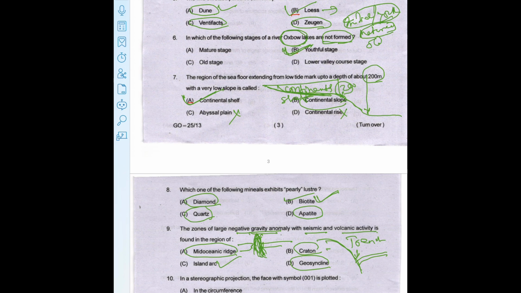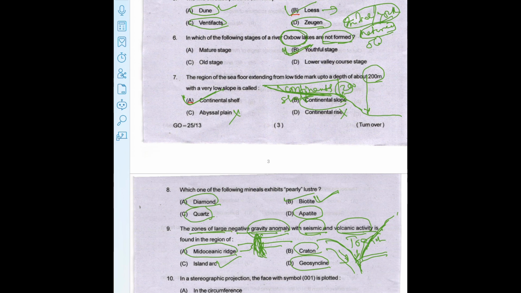The oceanic plate is generally going below the continental plate, because of which we find the formation of island arcs at this zone. Near the trench we find the formation of island arcs. So island arc is the site of seismic activity, volcanic activity, and negative anomaly involving the trench.